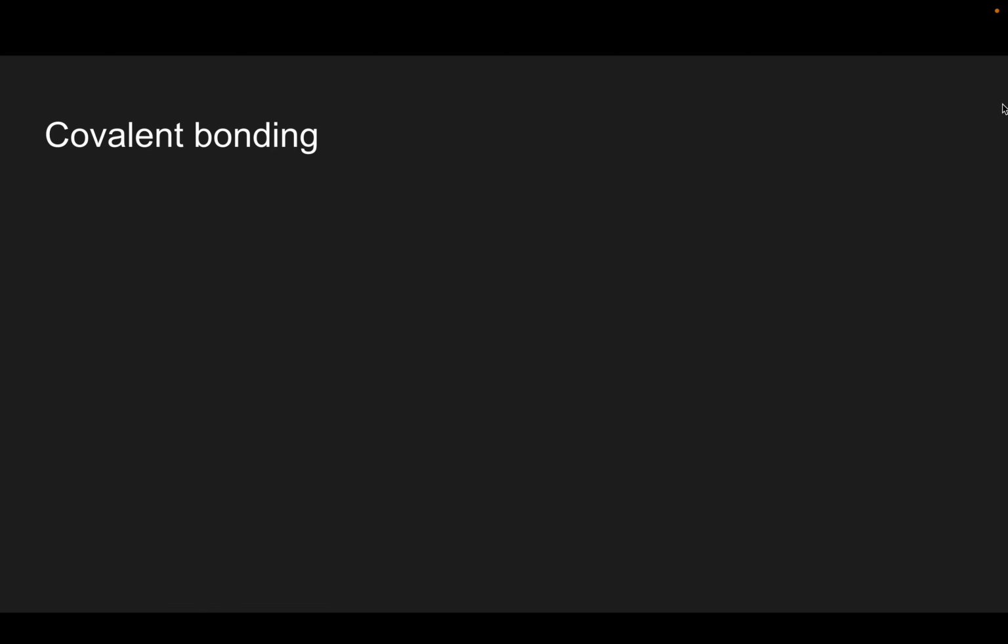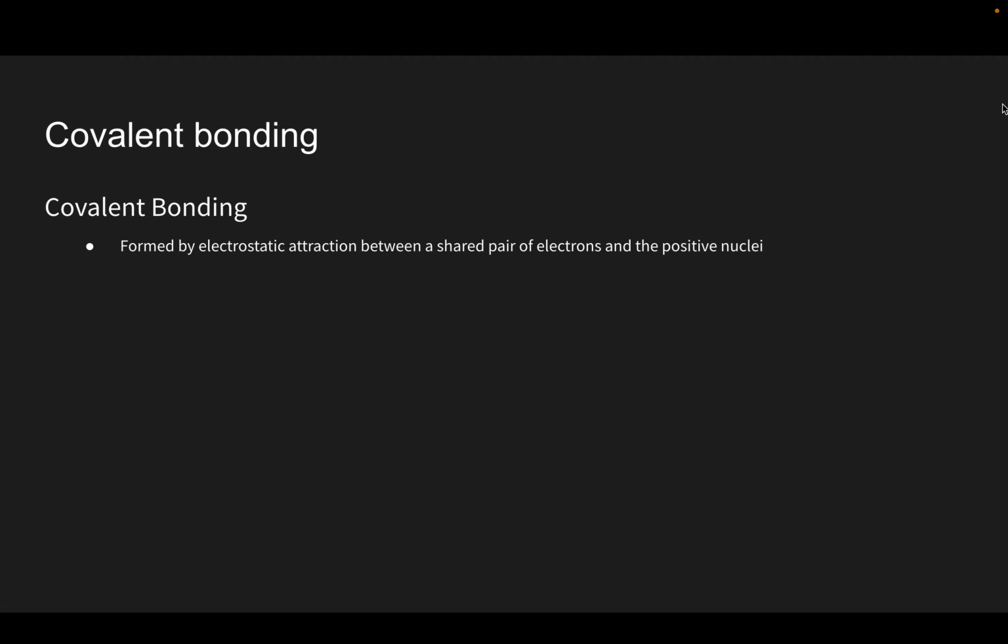And the second one is covalent bonding, and here is also its definition: formed by electrostatic attraction between a shared pair of electrons and the positive nuclei. Here, as you can see, we also use these keywords: electrostatic attraction, again. In ionic, atoms lose or gain electrons. In covalent, atoms share electrons to achieve noble gas configuration.